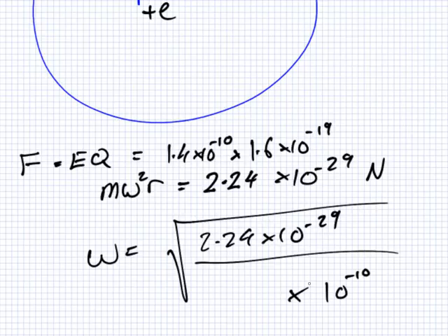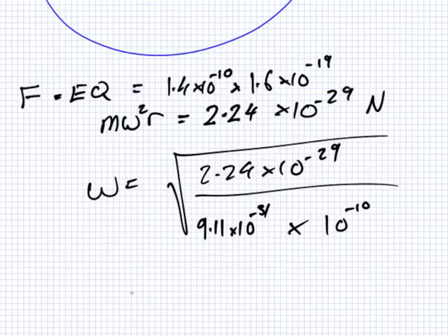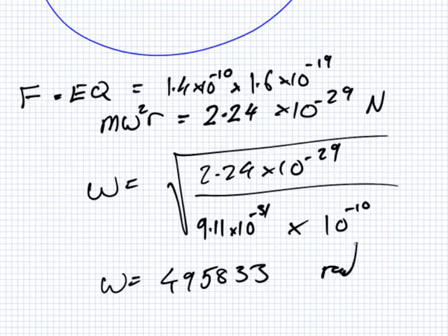small. It is 9.11 times 10 to the minus 31. So if I put that into the calculator, I get omega is 495,833 radians a second.